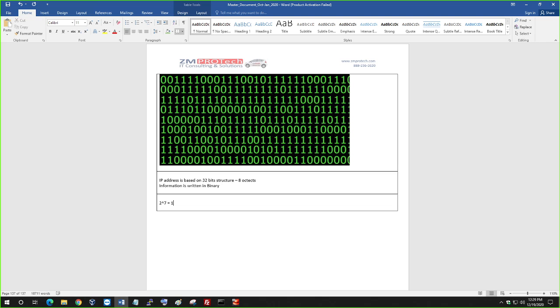Let's do the math here. We have 8 positions here, right? 8 bits, which means 8 positions. So let's see here, octet.